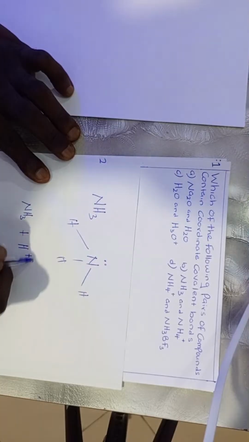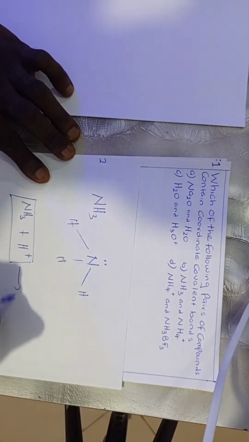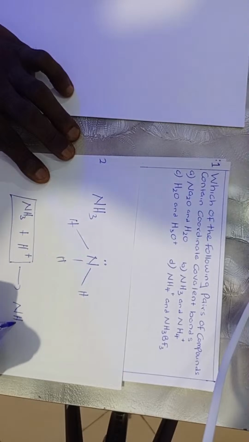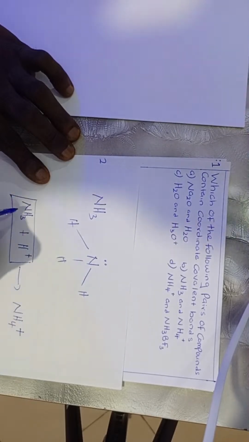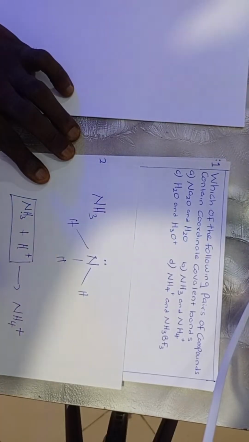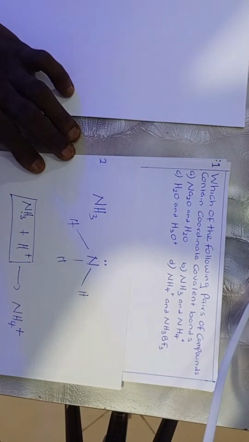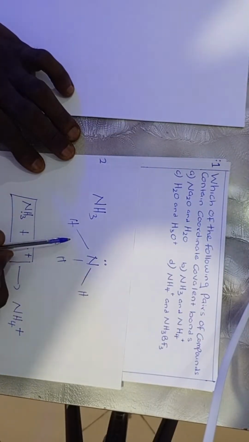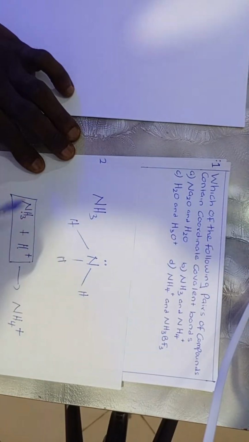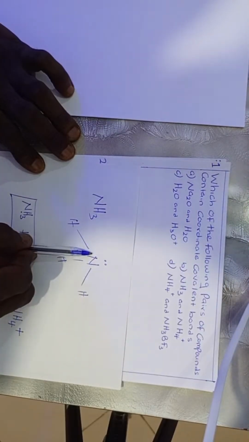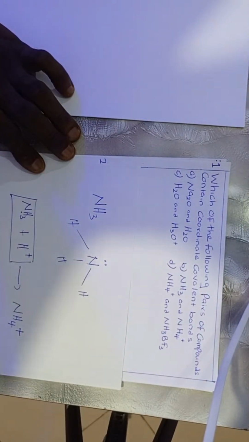When these two species come together, they produce ammonium ion. So the bonding existing between ammonia and hydrogen ion is called coordinate covalent bonding. But we are not going to select option B because the question says, which of the following pairs of compounds contain coordinate covalent bonds? Since option B has ammonia, which contains purely covalent bonds, and ammonium ion, which contains coordinate covalent bonds, that's not it.